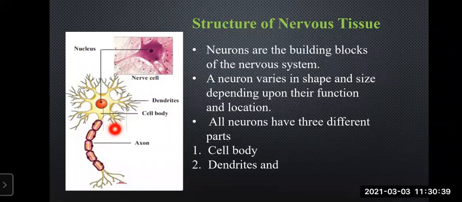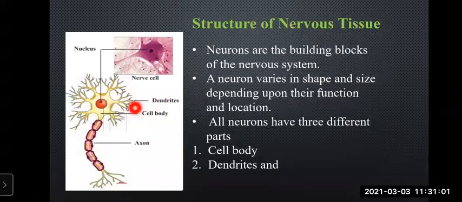They receive the stimuli. They receive the impulse. See, if I pinch you, it will hurt you, right? The sensation of hurt, the sensation of pinch, that is known as a stimuli. This stimuli is received by the dendrites.